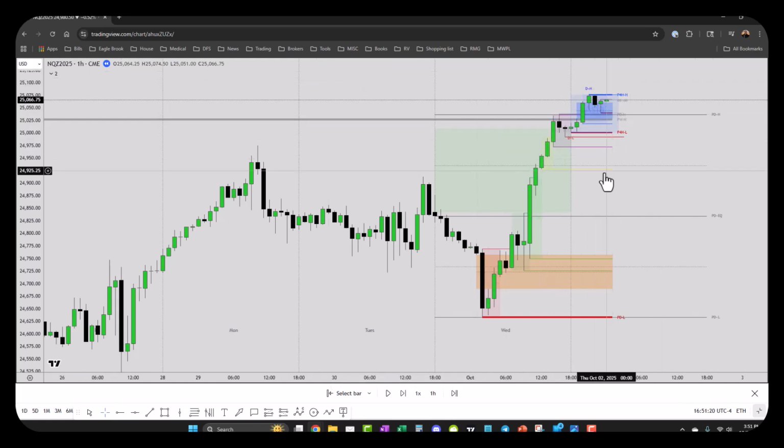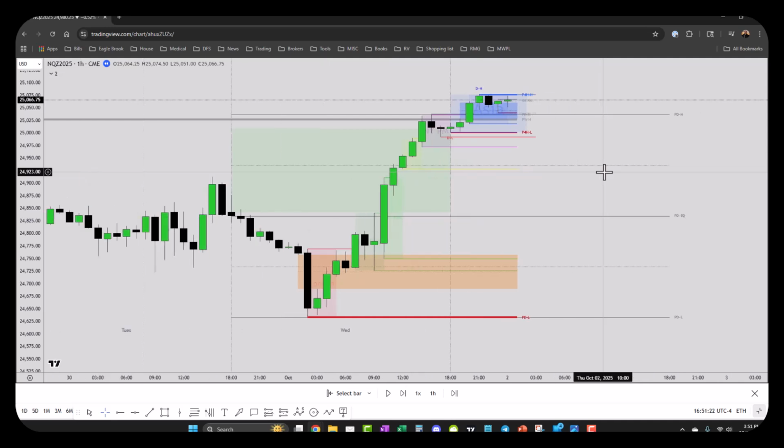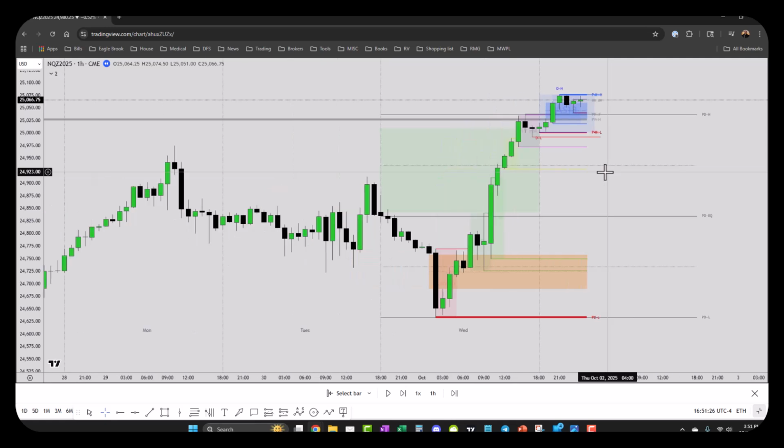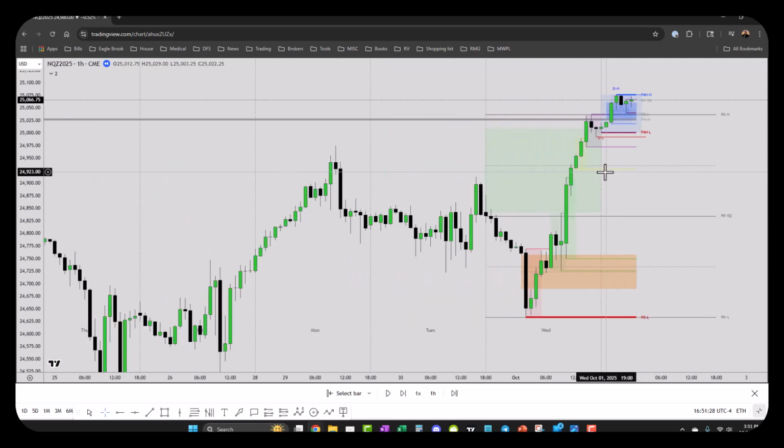Just to dial back, this is what I was looking at. Hourly chart, NQZ 2025. This is a look at the week. Wednesday going into Thursday. Wednesday is the high and the low of the week.